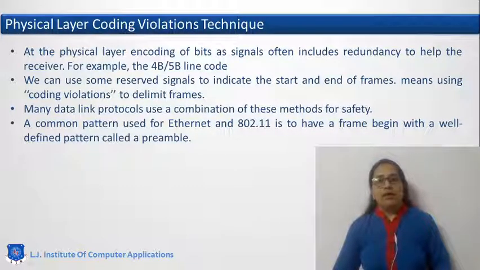Many data link layers use a combination of different techniques. For example, 802.11, that is wireless LAN, uses a special bit sequence called the preamble, which is used to indicate the start of the frame.